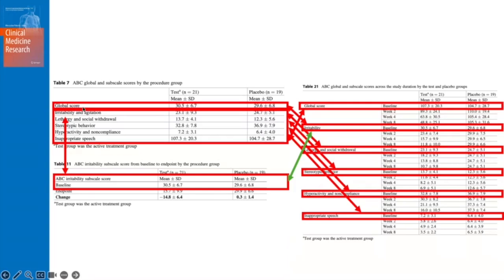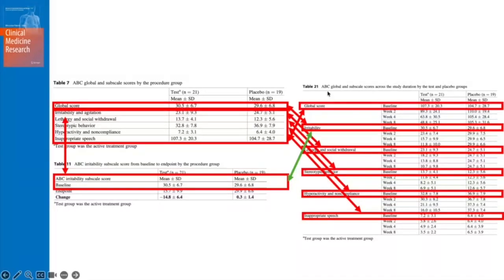But they provide exactly the same scale at baseline in another table. And when you look at this scale, this is a subscore, which is the primary outcome, the irritability subscore. You can see that the number here is exactly the same as the global score, which is obviously not possible.